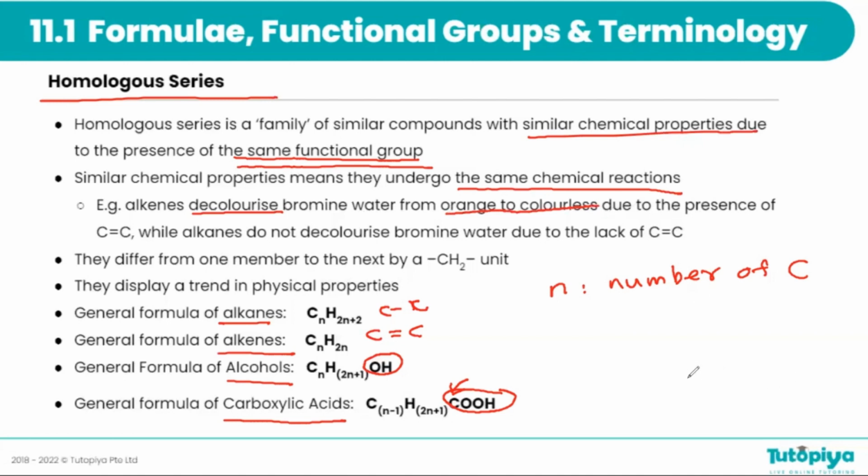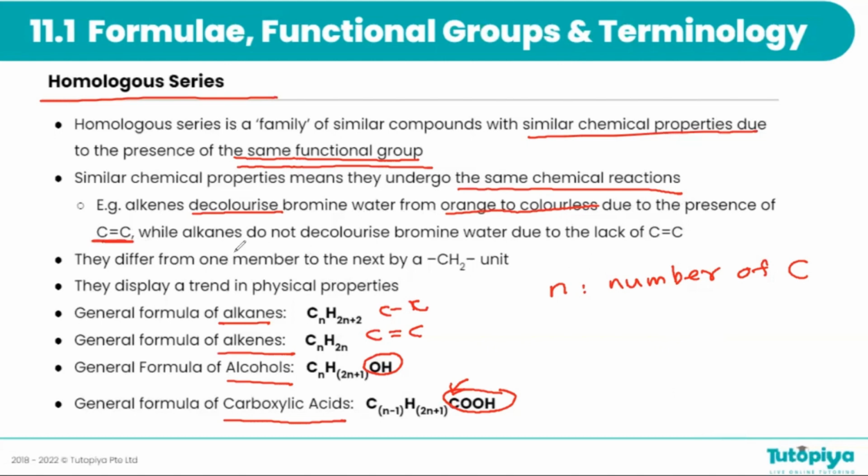So if you put bromine water into a sample of alkenes, whether it is 2 carbons, 3 carbons, or even 10 carbons, you will see the same result of the bromine water going from orange to colorless. And this is because of the presence of the carbon-carbon double bond.